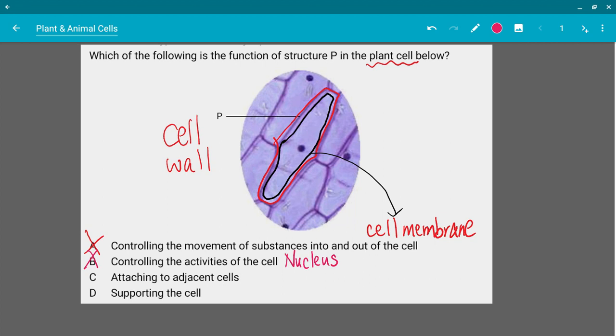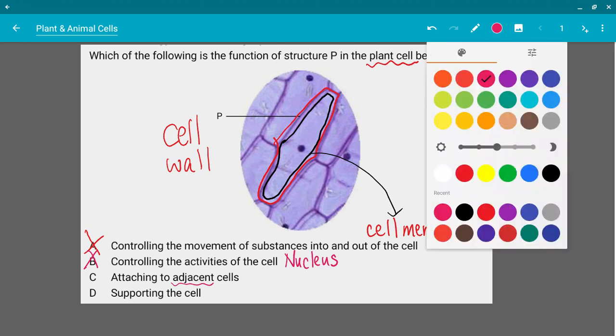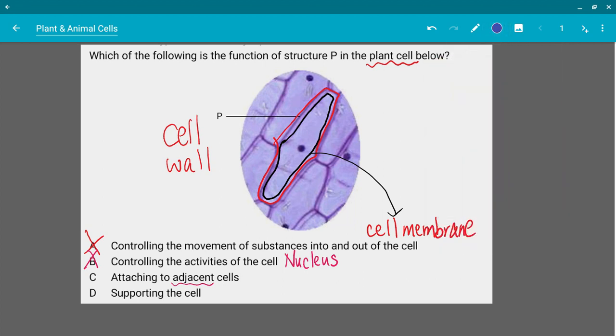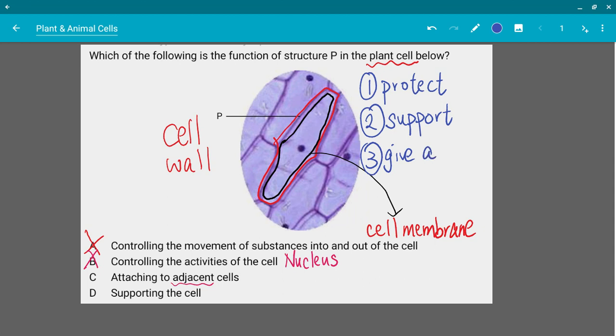How about option C? Attaching to adjacent cells. Adjacent meaning the one next to. Is it really the function? Let's recall the three functions of a cell wall. The first one was to protect. The second one was to support. And the third function was to give a regular shape.